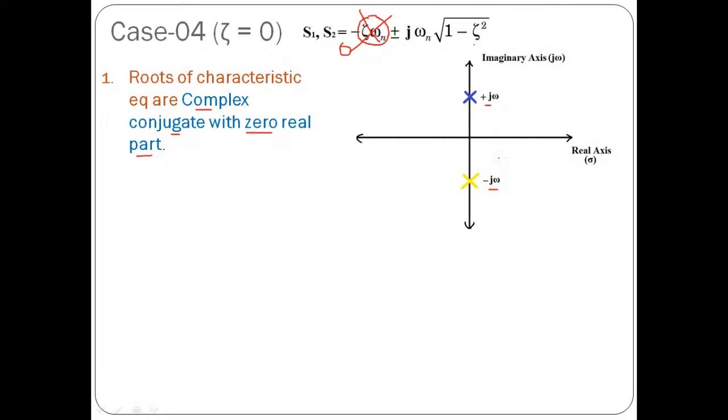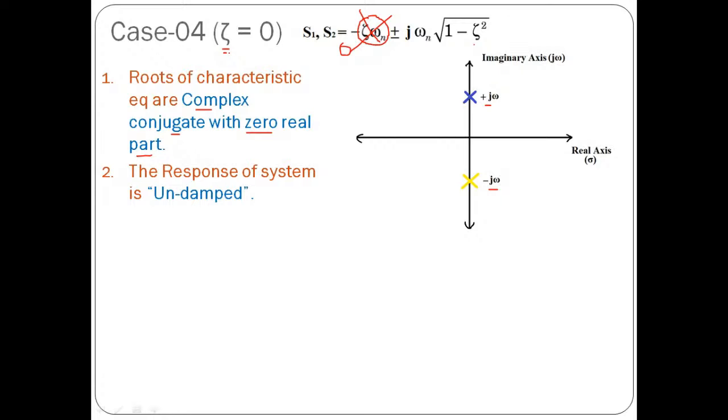That is important. Now in this case, the response of the system is said to be undamped. Why undamped? Because there will be no damping ratio. There will be no factor responsible for dying out the oscillations generated by the system during its transient period.